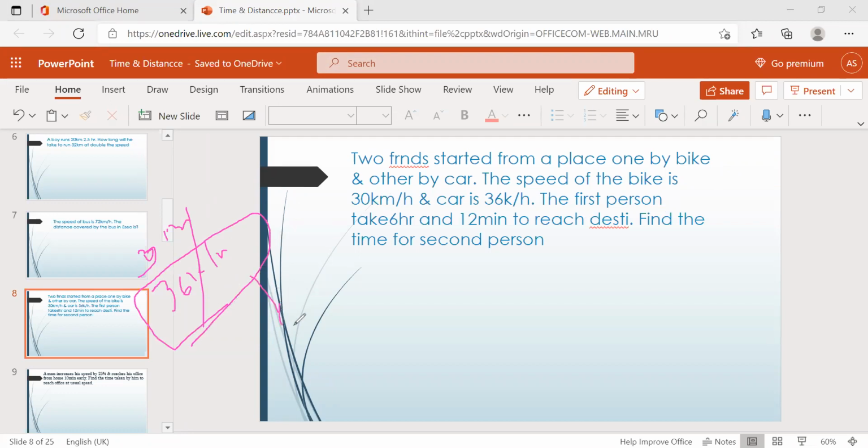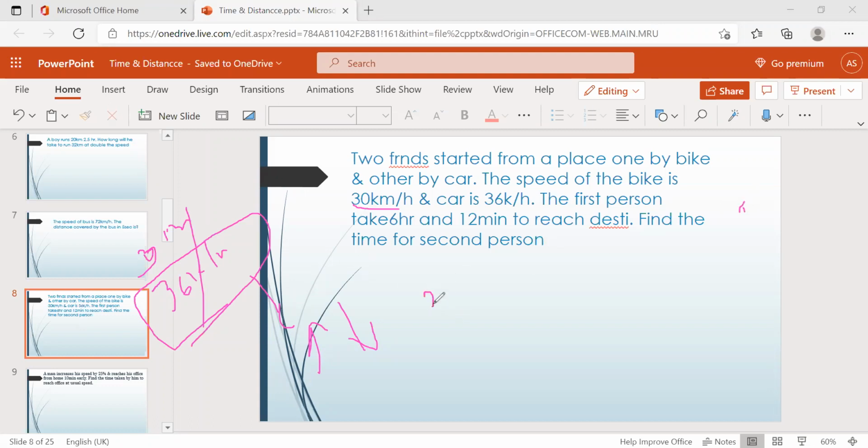Speed increases, time will decrease. Very, very important, you need to remember. Now they are saying the first person takes 6 hours 12 minutes to reach the destination. We need to find the time for the second person, but we don't know the destination first of all, right?